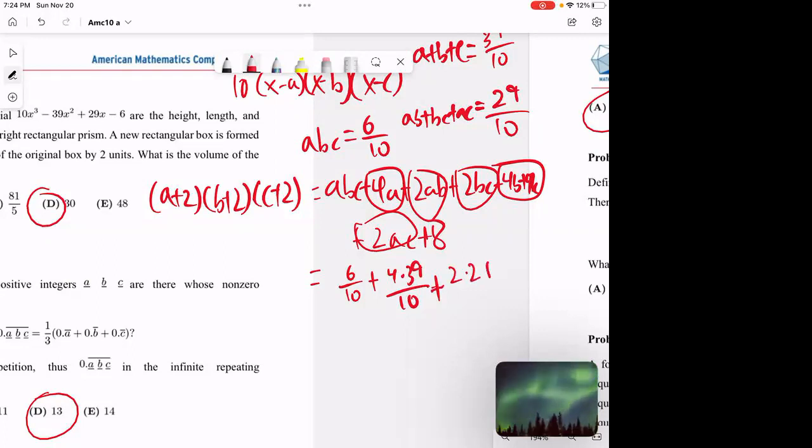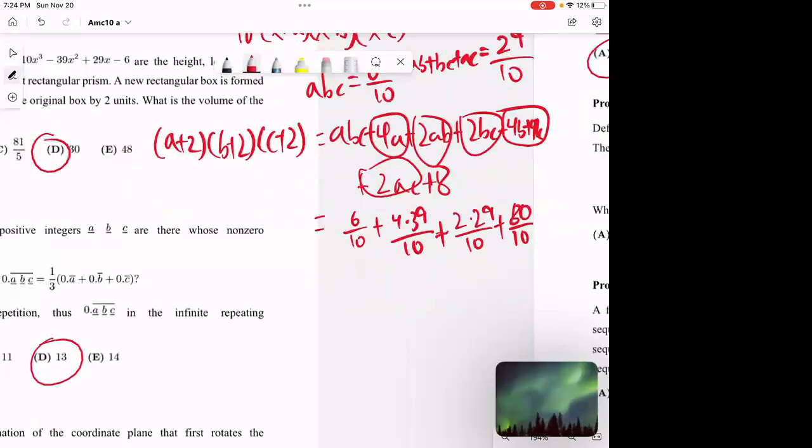So 2 times 29 over 10, plus 80 over 10, which when we expand all of this out gives us, let's see, 6 plus 156, right?